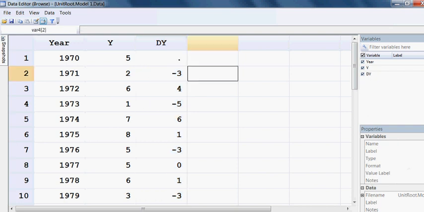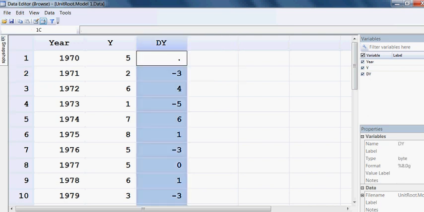That I shall also be checking: whether the first difference of y has unit root or not.